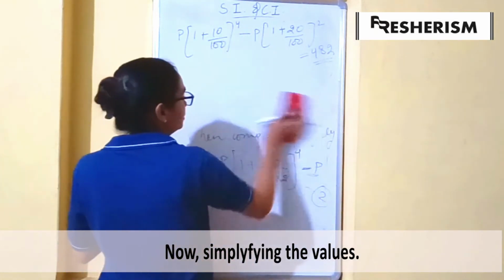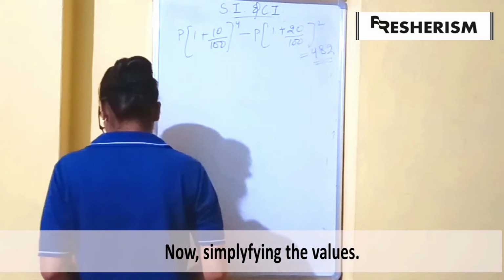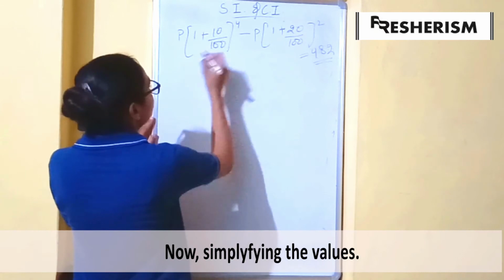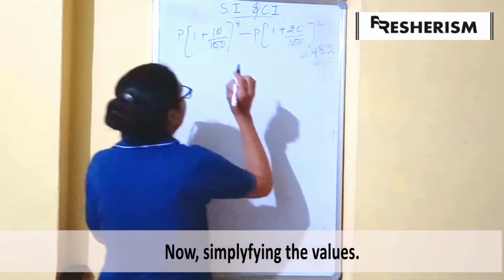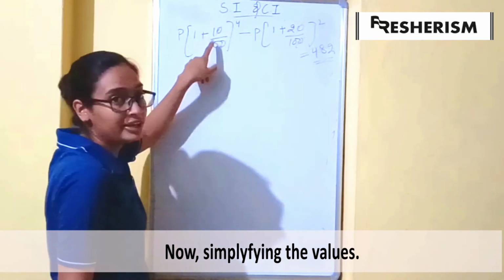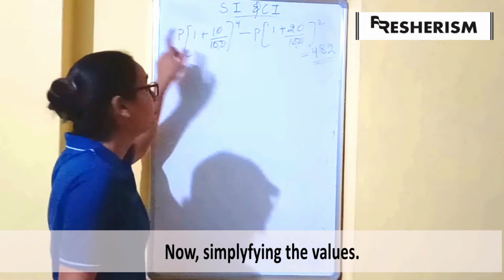Now we have to solve this. The 0 gets cancelled here, and here also the 0 gets cancelled. This 1 by 10 is 0.1, so 1 plus 0.1 would be 1.1.